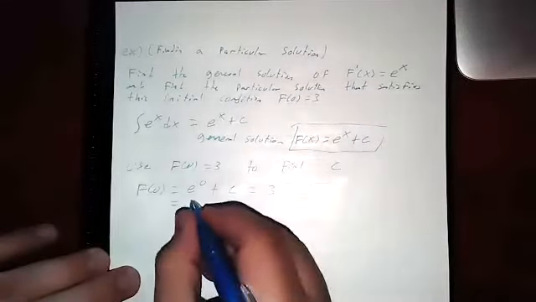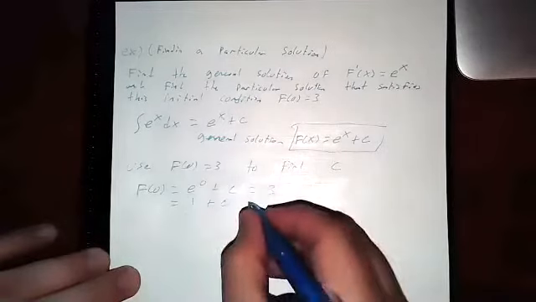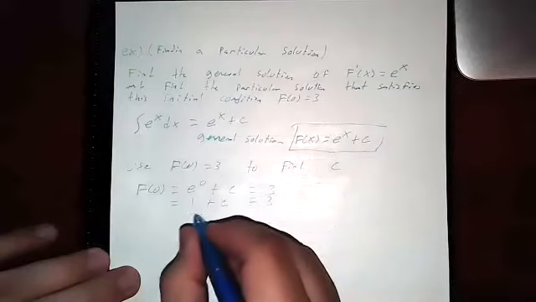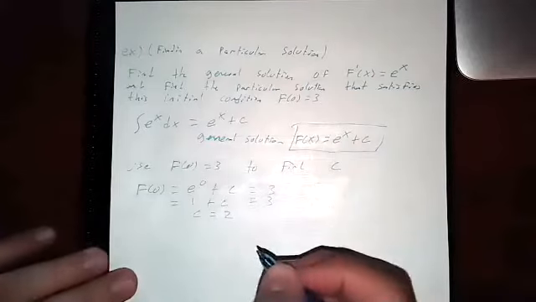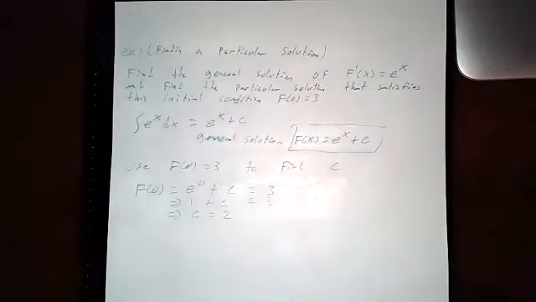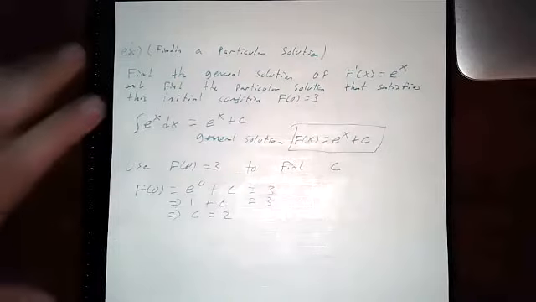So that means that 1 plus C is equal to 3. So C is equal to 2, right? Does that make sense? Yes. Once you have C, then you have found a particular solution, right?